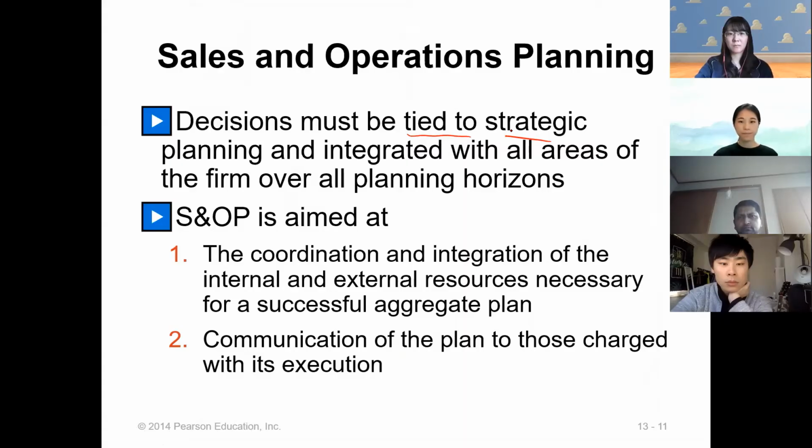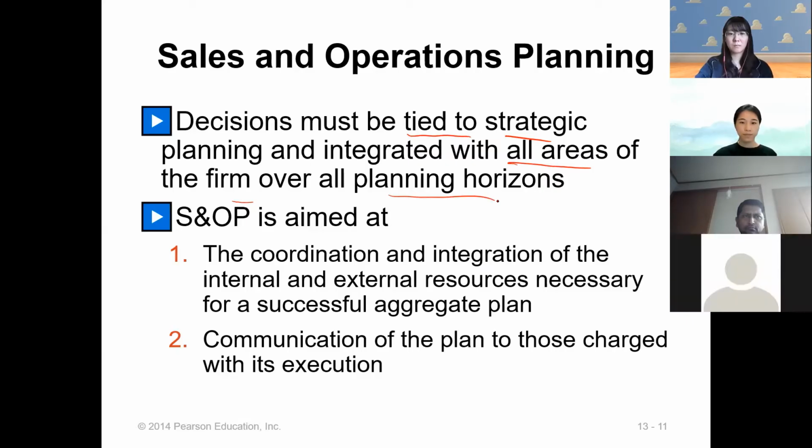Then it must be integrated together with the aggregate plan. Because this is very simple: this is the current product, maybe you have a new product. So how to fit the new product into your aggregate plan? Okay. Strategic plan is integrated with all areas of the company, overall planning horizons.